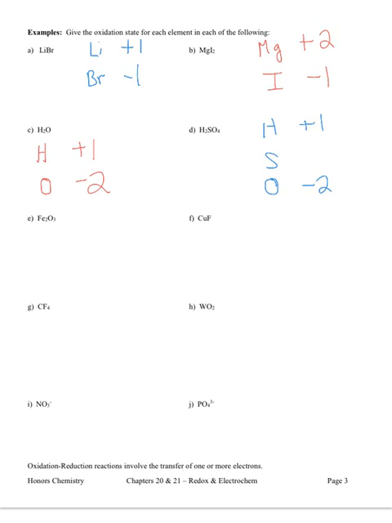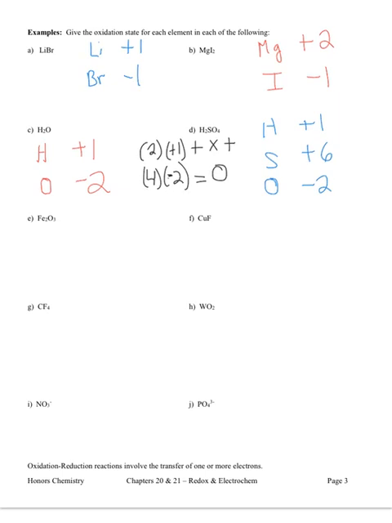So what you're going to do is say you have 2 hydrogens, each are +1, plus 1 sulfur, we don't know what it is, so let's call it X, plus 4 oxygens, each are -2. Altogether, that is going to equal 0 because it's a neutral compound. And you solve for X. If you solve for X in this case, it's a +6.